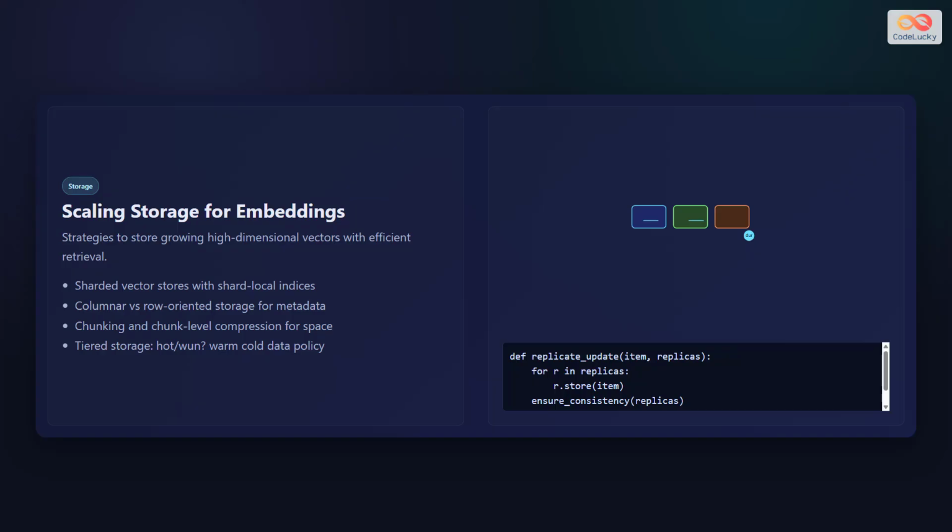Tiered storage uses fast, expensive storage for frequently accessed hot data, slower storage for warm data, and even slower storage for cold data rarely accessed. This intelligent approach keeps hot data available while minimizing costs. Replication ensures data durability by maintaining multiple copies across different nodes. When one node fails, others continue serving data without interruption.